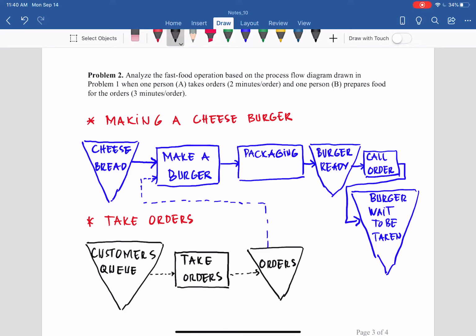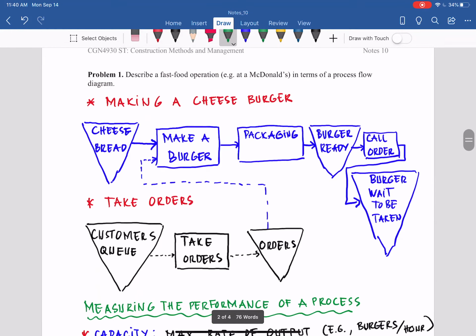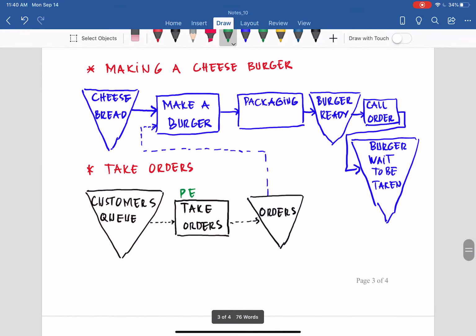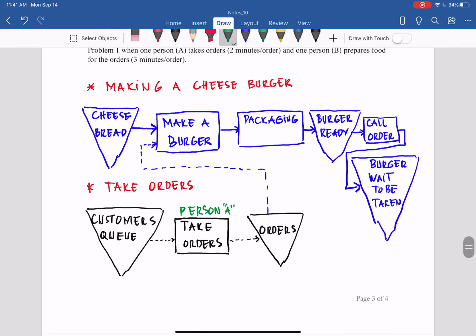One person A takes orders, so take orders, person A. As you can see, this is person A. Again, this process diagram is from problem 1, which I copied over here. So this is person A. Taking orders takes 2 minutes per order.